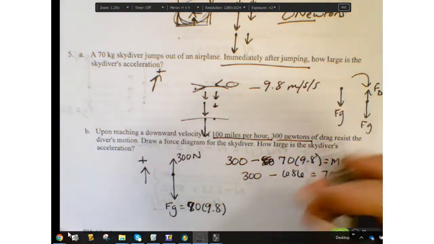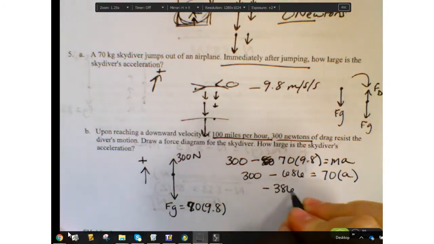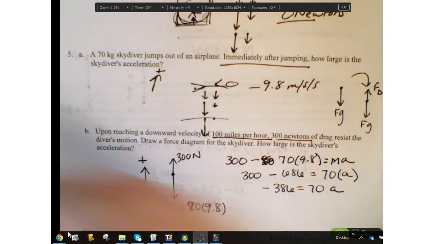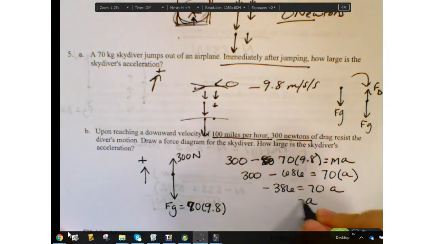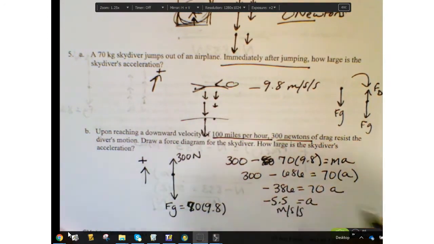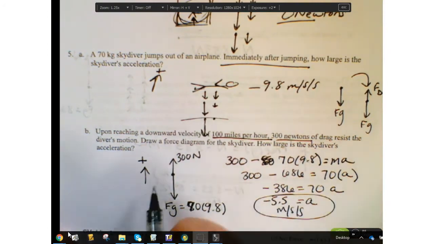When I solve this, I get negative 386 equals 70a. Divide 386 by 70, and I get an acceleration of negative 5.5 meters per second squared. That does make sense for my sign convention because I should get a negative acceleration.